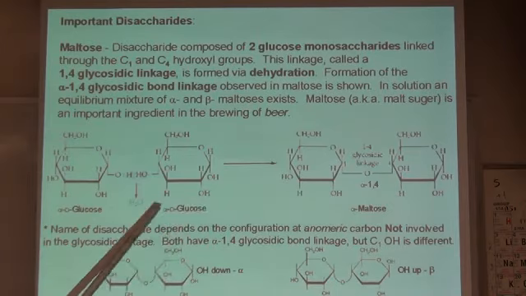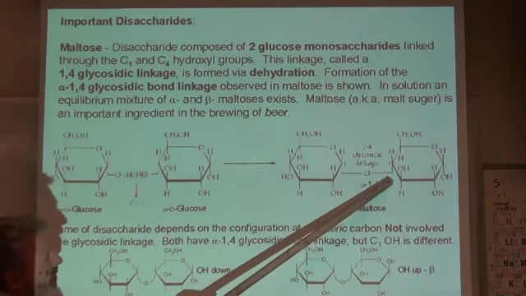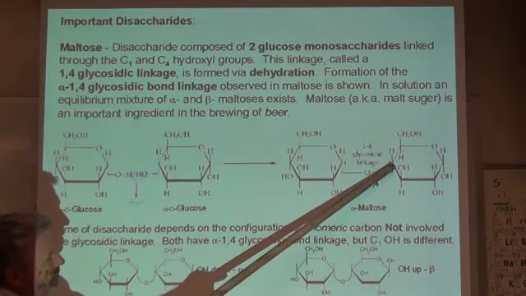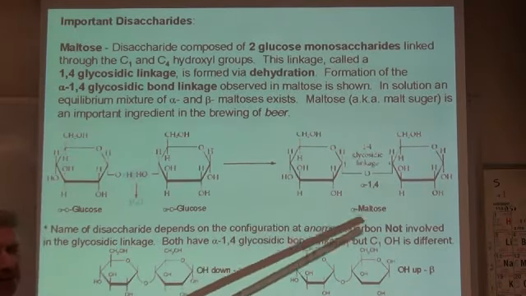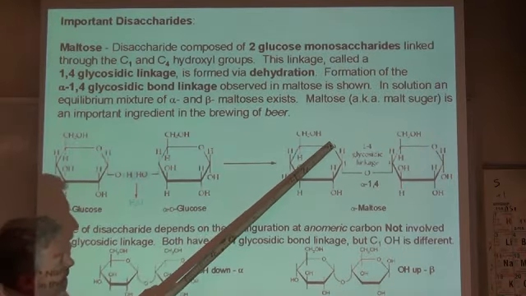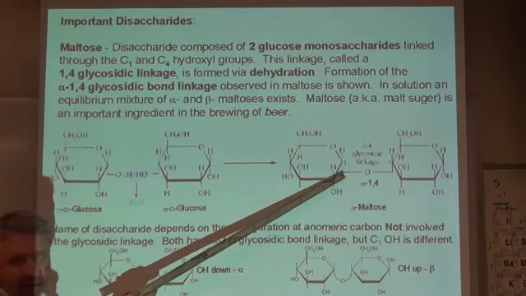It is a dehydration reaction, and it produces a linkage that connects carbon number 4 on one glucose unit with carbon number 1 on the other glucose unit. Now, if you look, here's oxygen 1 to the right, bond is going down.